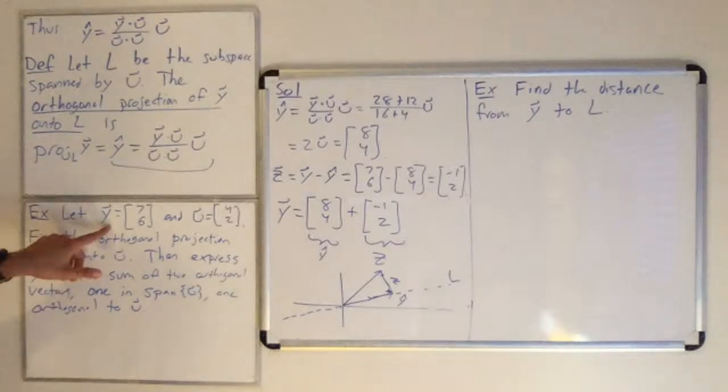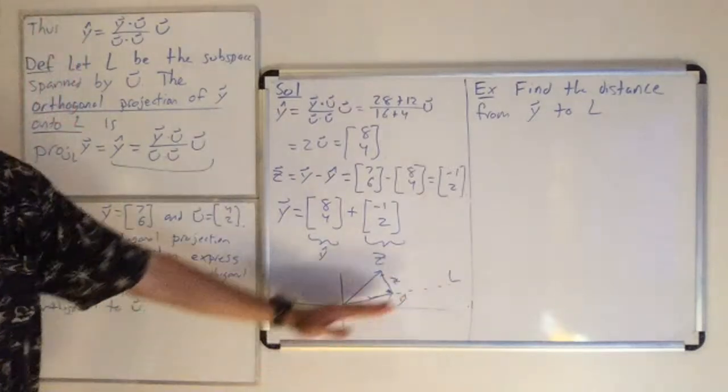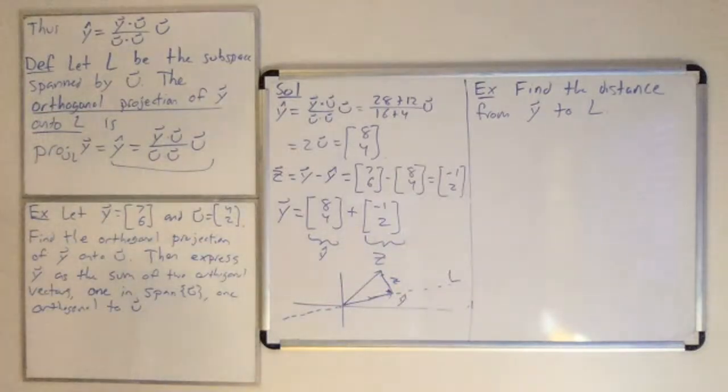Find the distance from the vector y to the line L. So does anybody have any ideas of how we could do that?